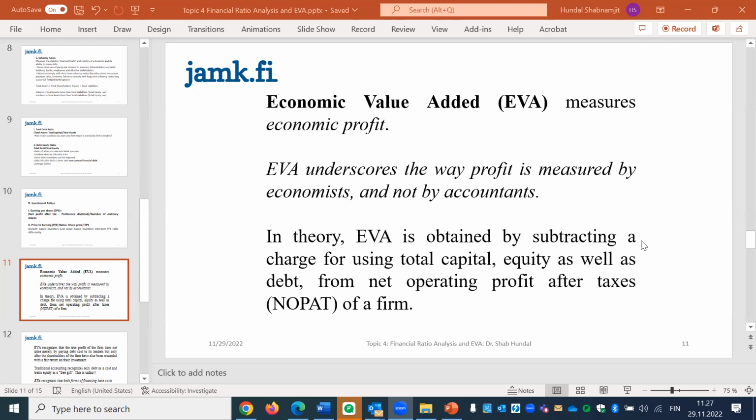This EVA will have a formula, and the formula will contain some components, and none of the components are ones you are unaware of, I can assure you. All the data will be coming from your income statement and balance sheet. We have discussed CAPM in the class, yes, we have done it.